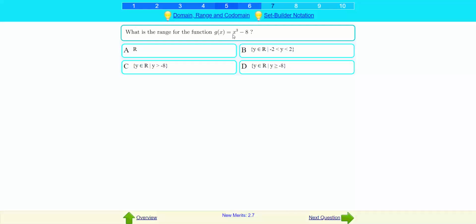Assuming this is negative 1, negative 1 minus... What if you take negative 1 to the power of x?